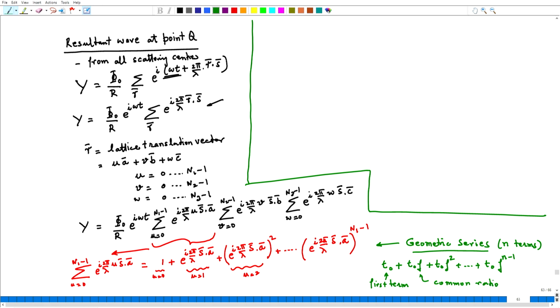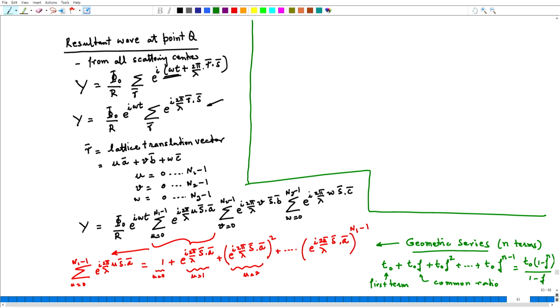So, this is how the geometric series is defined, and the summation of this geometric series is nothing but T0 times 1 minus f to power n divided by 1 minus the common ratio f. This is the formula for the summation of the geometric series.